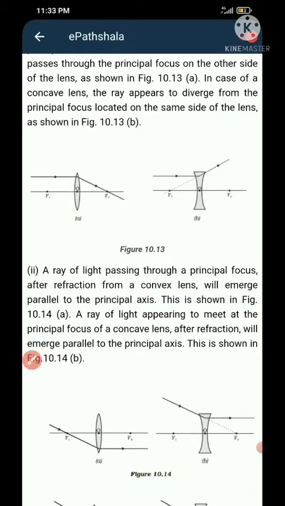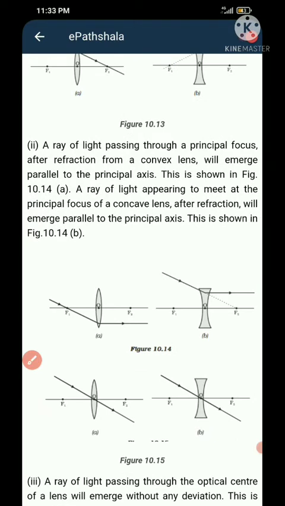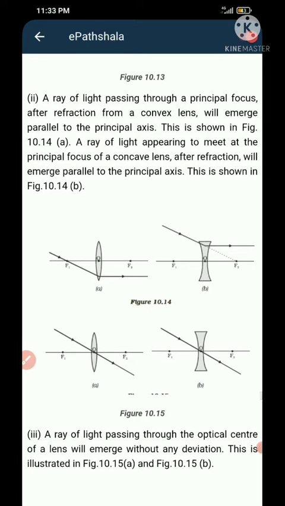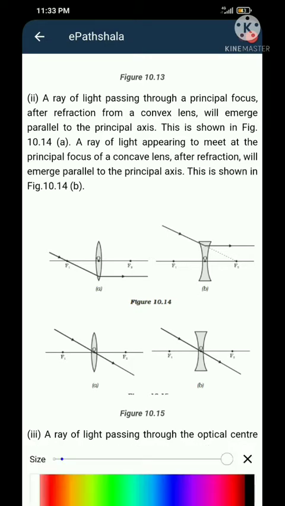Second, when light passes through the principal focus, after refraction from a convex lens it will emerge parallel to the principal axis. This one, A and B. Here the line passes through the focus, so it goes parallel. For the diverging lens, it goes toward the focus and after diverging becomes parallel to the principal axis.